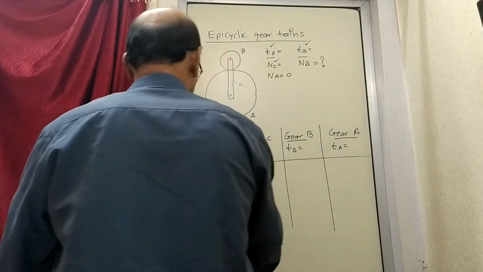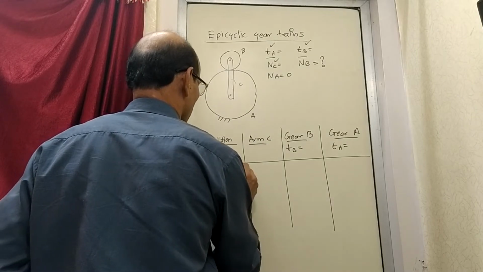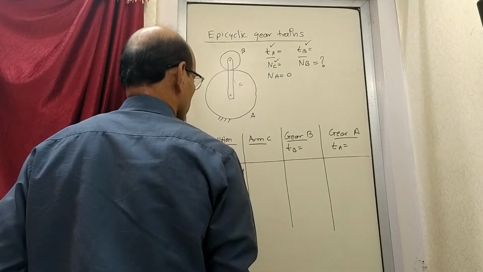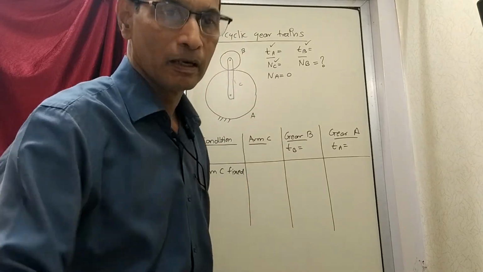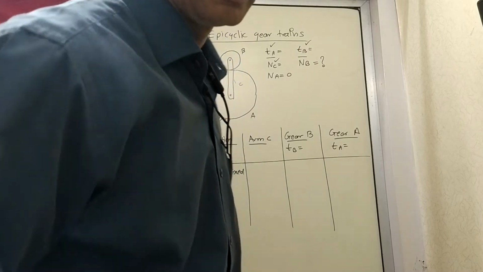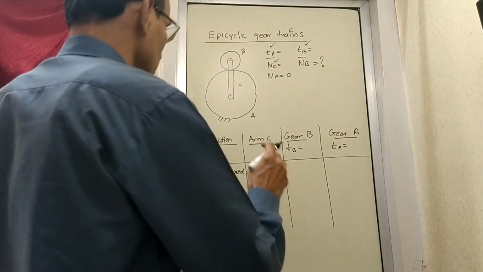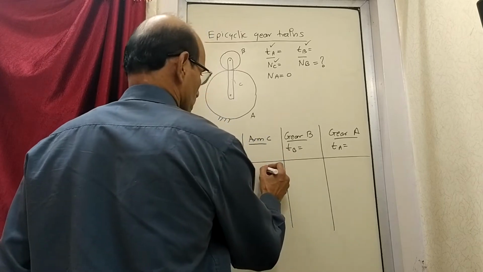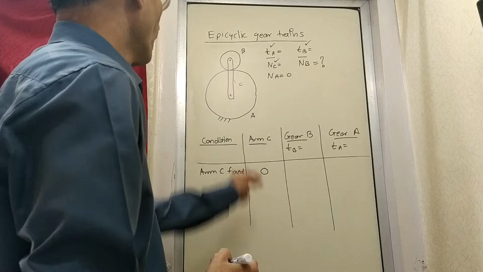So the condition says the arm is fixed, so this arm is now fixed, and under this condition we are going to provide a rotation. Since the arm is fixed, the speed of the arm is 0.